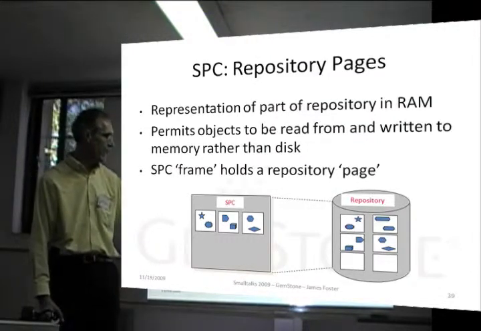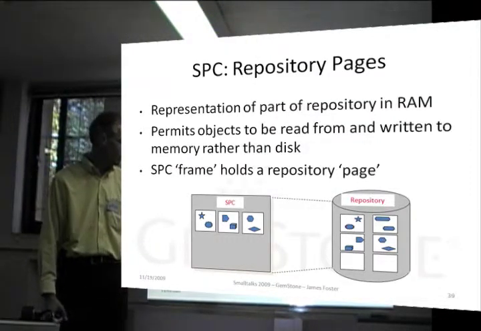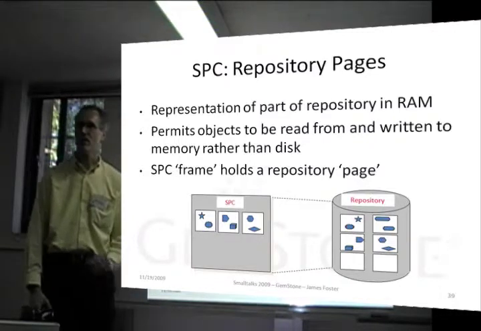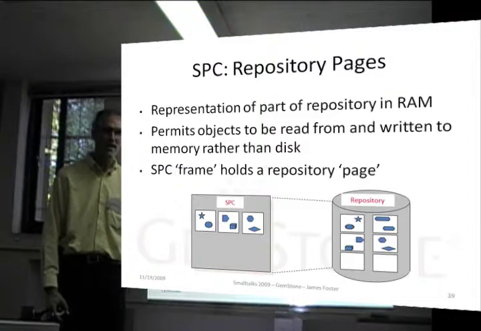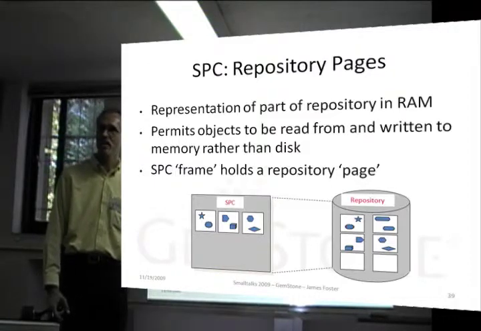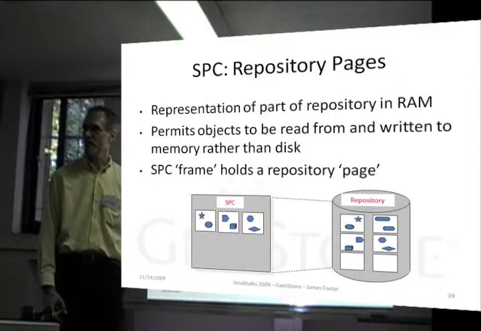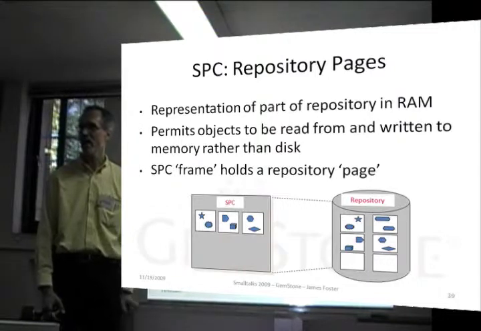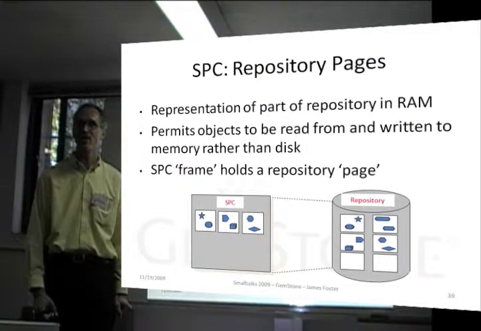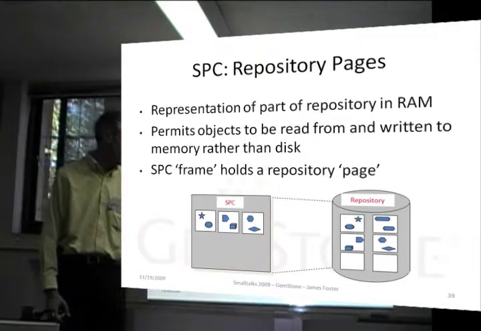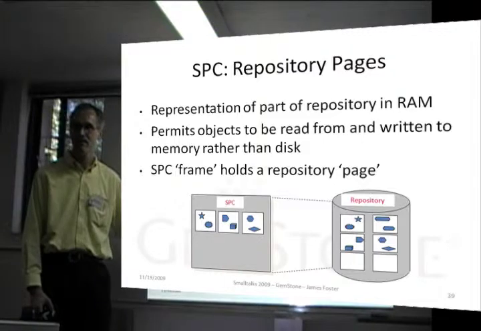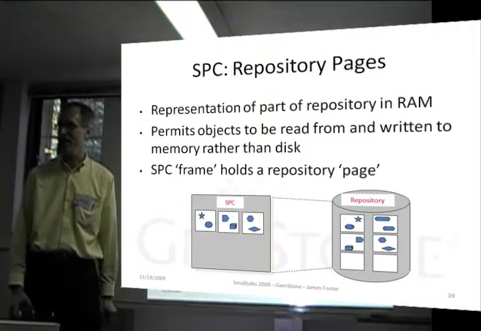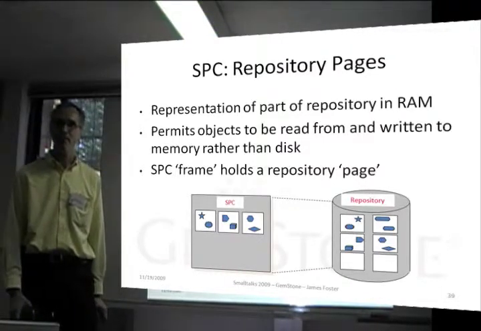And the shared page cache is made up of frames that hold a page. So the page is the space on the extent and the objects in it, and the frame is the place in the shared page cache where the page is currently held. A page could be held in different places at different times, but once it's in, everyone can see that page in memory.